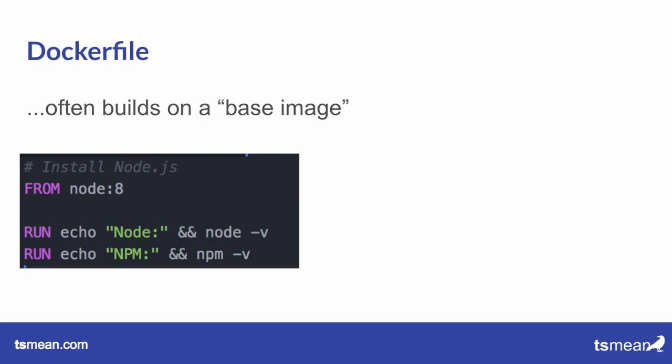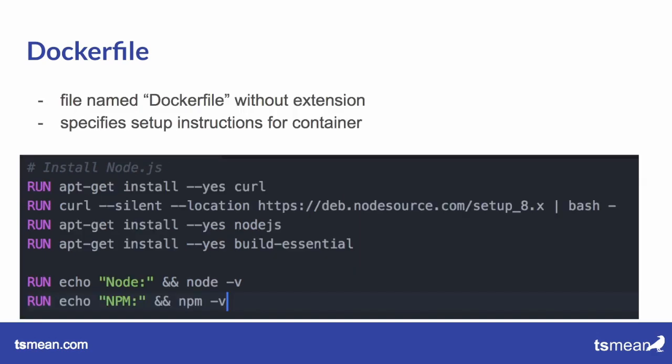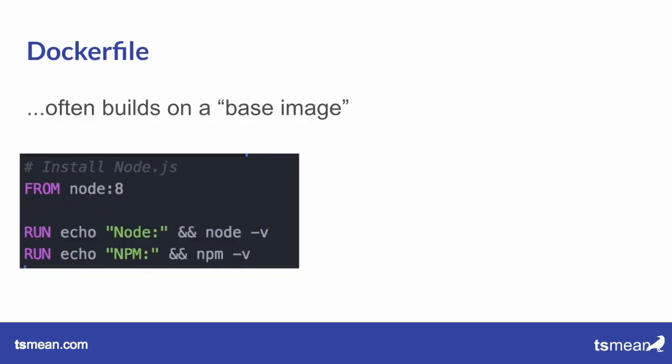It gets Node 8 from somewhere because someone already has written a Dockerfile that somewhat looks like this, and it's just a bit less boilerplate code. Because often when you run Docker containers, you write microservices and you don't want to install too much, you just need Node, for example, and it has been pre-built.